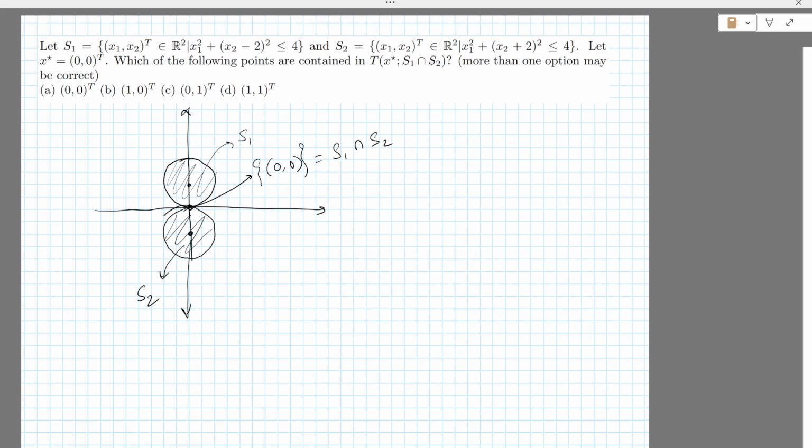S1 intersection S2 is a single point. So for a singleton point, the tangent will also be a singleton, right? It will be 0 comma 0 only, because your xk sequence should be in S, so xk will be 0 comma 0.